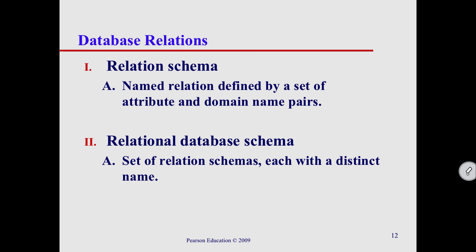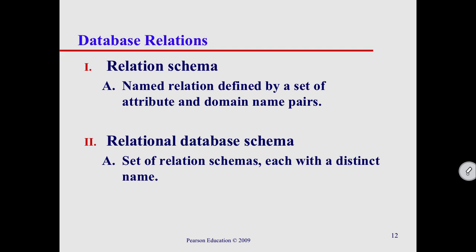Okay, now another couple terms that you need to know. So we talked about relation, attribute, tuple. Then there is relation schema and relational database schema. So remember on Thursday we talked about a database catalog where a user could look at the catalog and it would list the names of the relations, and for each relation it would list the names of the attributes and their types.